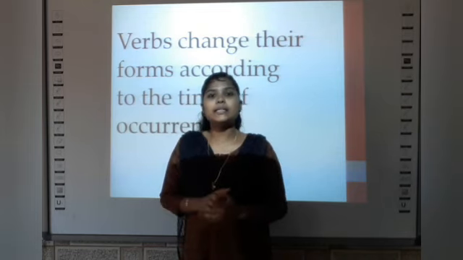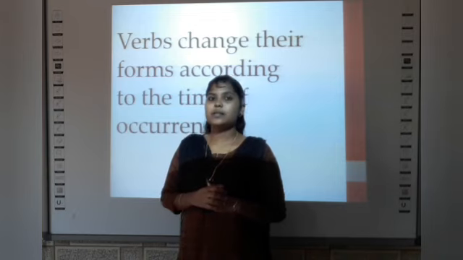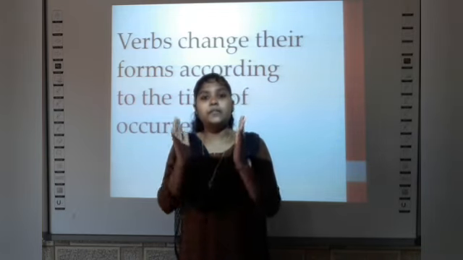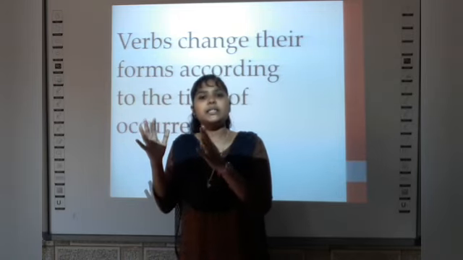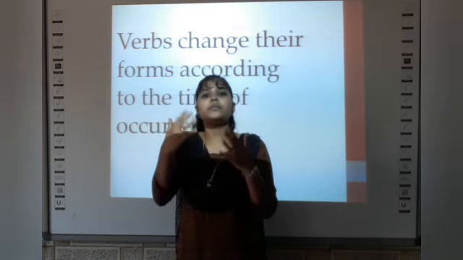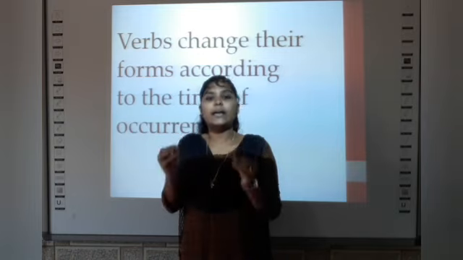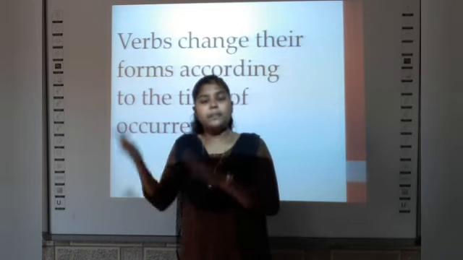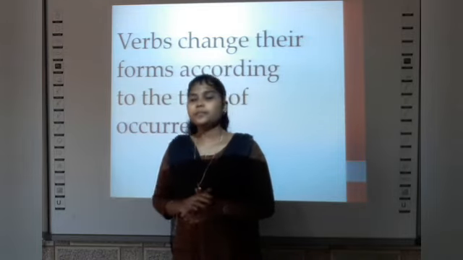Then it indicates the future form of tense. So far we have learned that the verb changes according to the time that action takes place, and this change in the forms of verbs indicates the tense. It indicates whether the action takes place in the present or past or future. Is that clear?